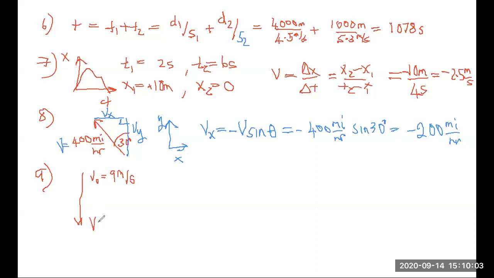But anyway, I picked downwards as positive. And then here's the final velocity. We don't know that. There's a couple of other things we do know. So the displacement is 12 meters. Well, that's not very clear.